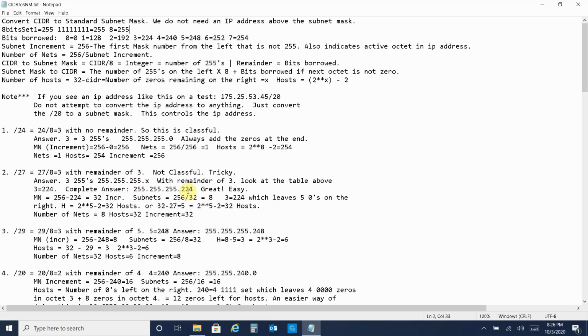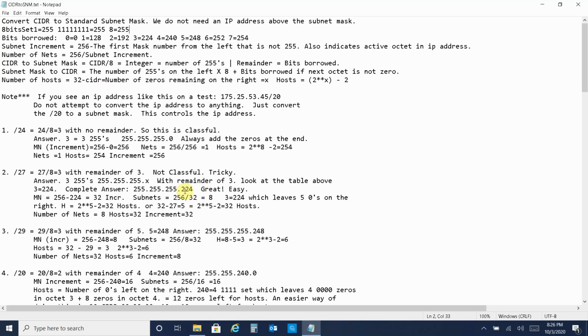There's 5. The reason there's 5 is because 224 is 3. Okay? So we got 3 ones lined up under here. You can't see them, that's part of the binary. But there's 8 bits.